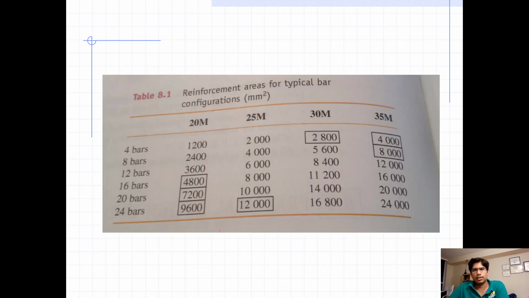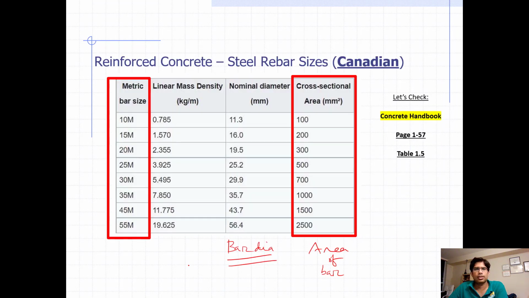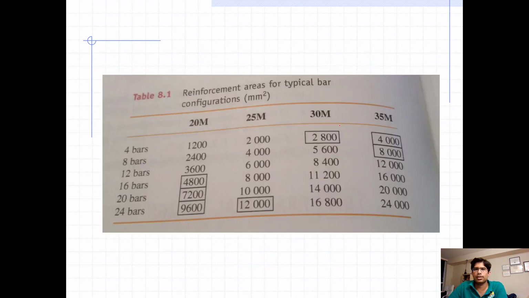If you don't want to multiply, this table just shows, for example, 4 bars. If you use 4 bars of 30M size, it should be 4 multiplied by 700, so it's 2800. If I test another one, say 24 bars of 25M.